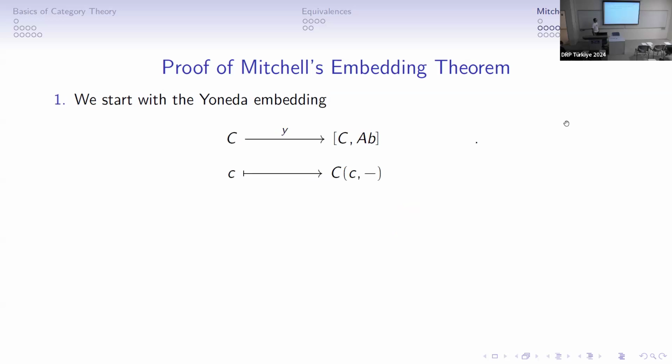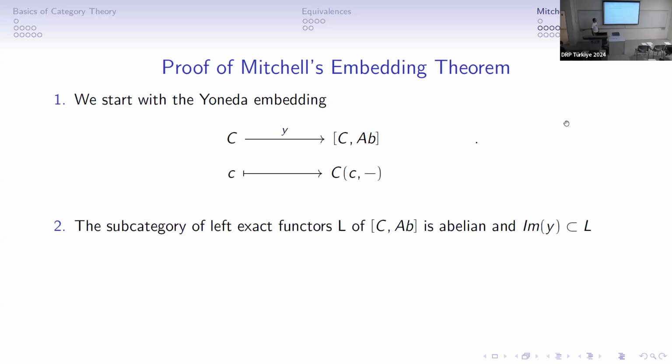So we modify our unit embedding. Then we take a subcategory of the left exact functors L from the functor category C to Ab, and we need to show that it's an abelian category, and the image of the unit embedding is contained in L.